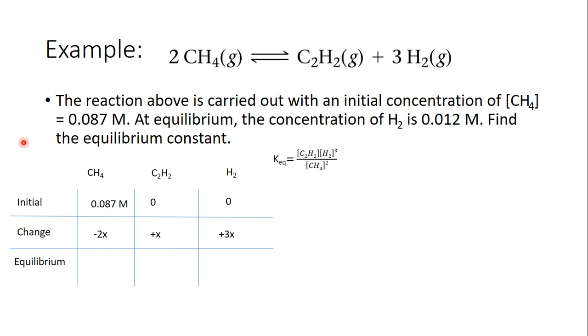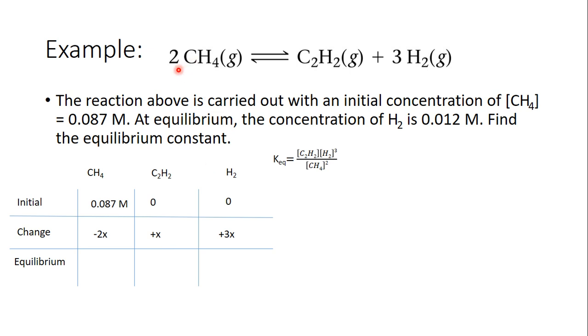Now our change in reaction. Based on the stoichiometry of our equation, when this reaction happens, we're going to lose 2 moles of CH4, so minus 2x. For every 2 moles of CH4 that we lose, we gain 1 mole of C2H2, so its change will be plus x.